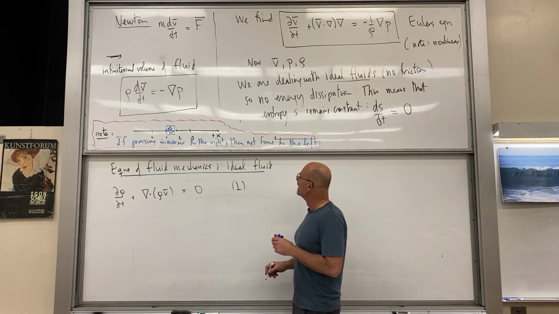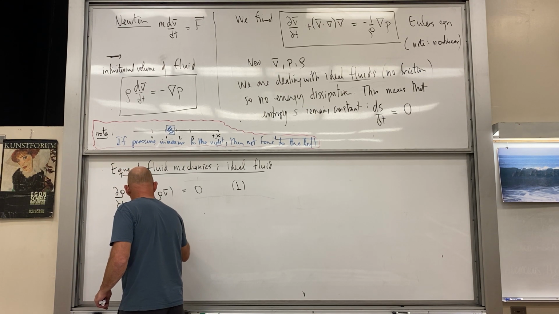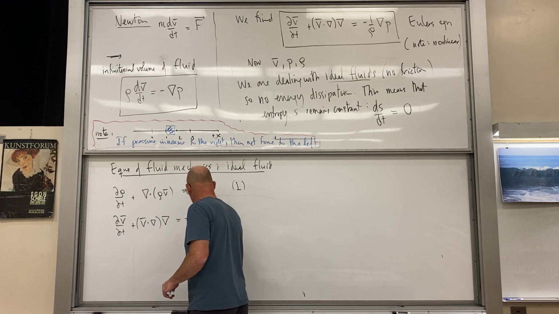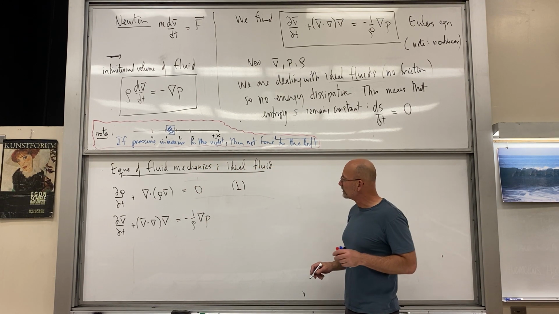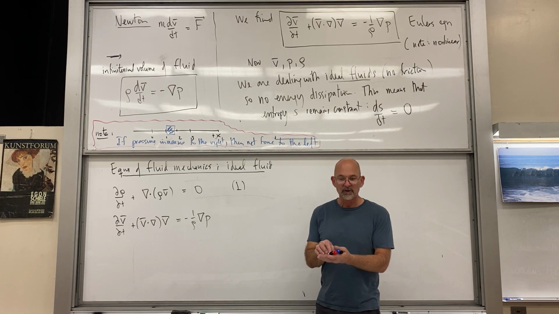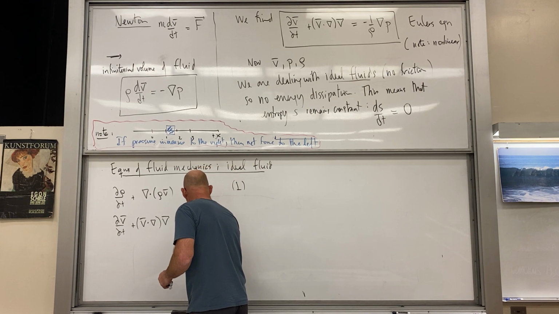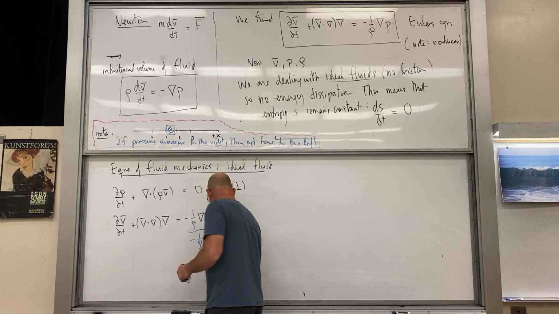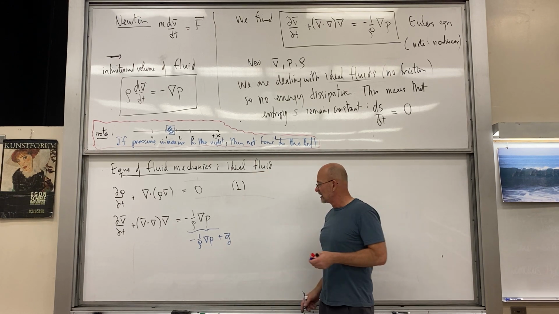And we have Euler's equation, dv/dt plus (v dot grad) applied to v equals minus 1 over rho gradient of P. This can also be minus 1 over rho gradient P plus G, where G represents an outer field, typically gravity, pointing down.